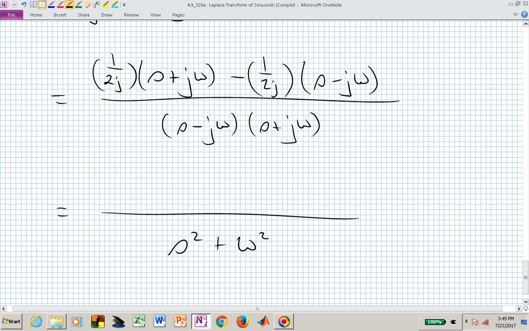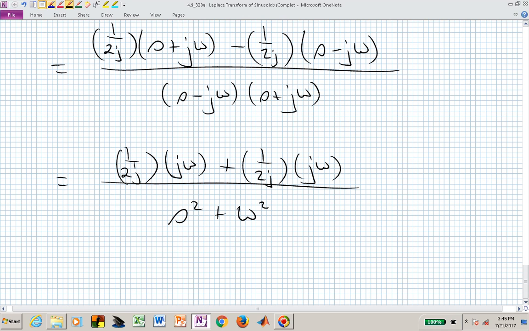The numerator now is a little different than what we had before. Now I hope you can see that the s terms cancel, and we end up with 1 over 2j times j omega plus 1 over 2j, incorporating the two minus signs, j omega.